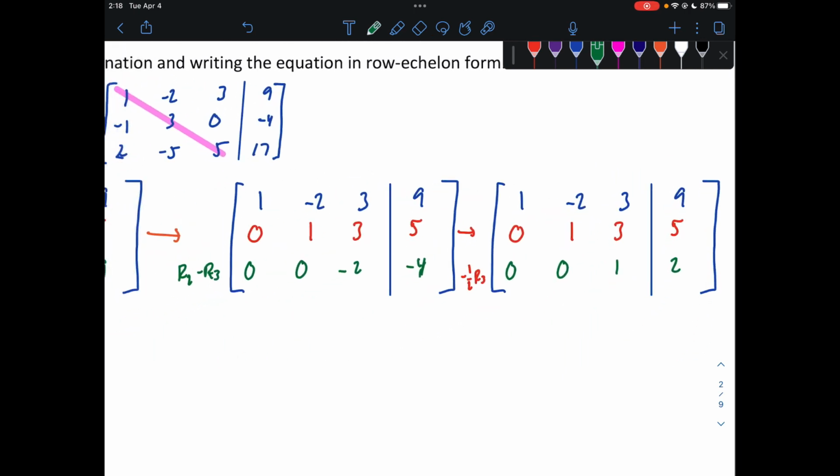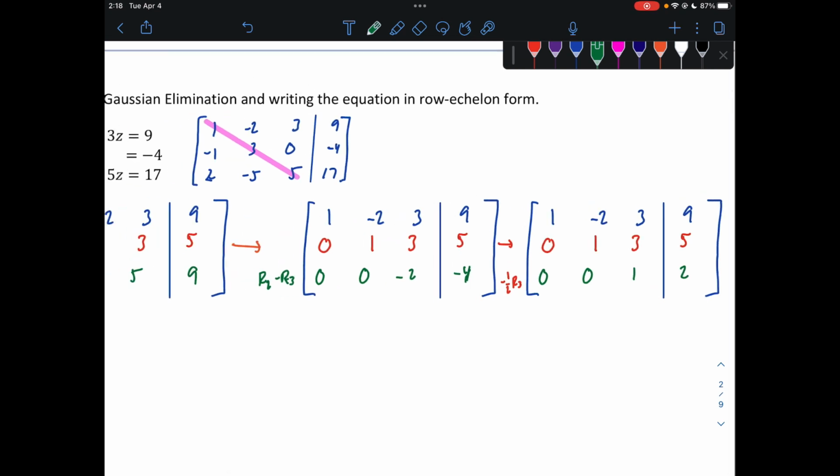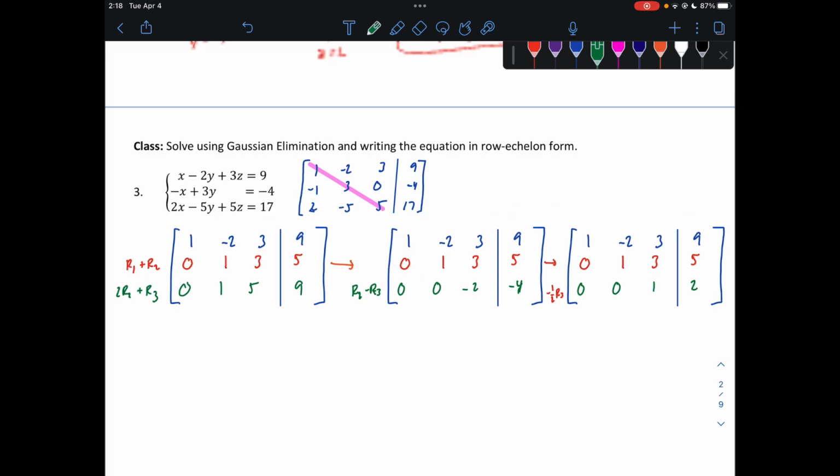Now we can do our back substitution. This means 1z equals 2, so z is 2. That's one answer. In the next row, we have 1y plus 3z equals 5, so y plus 6 equals 5, and y equals negative 1.